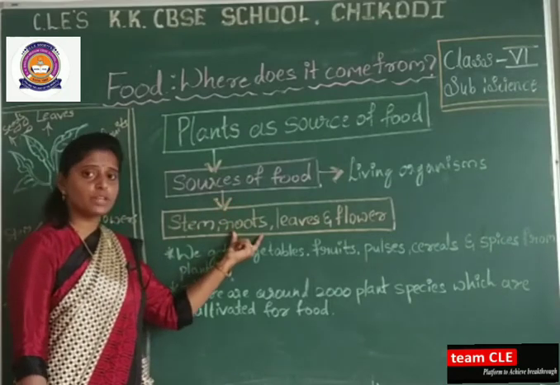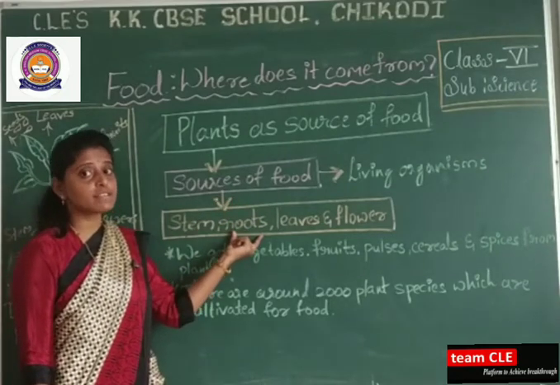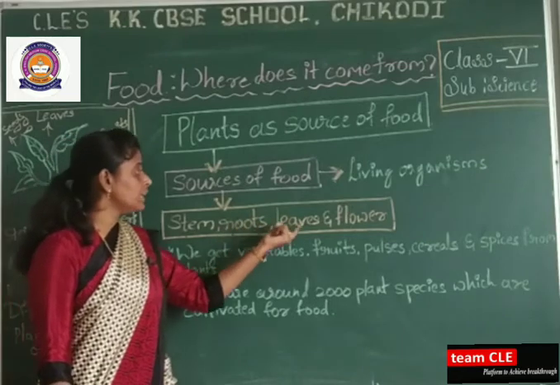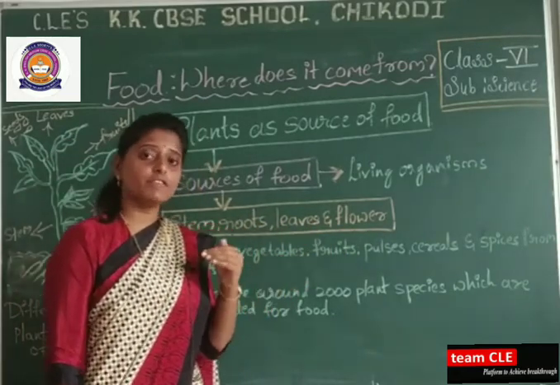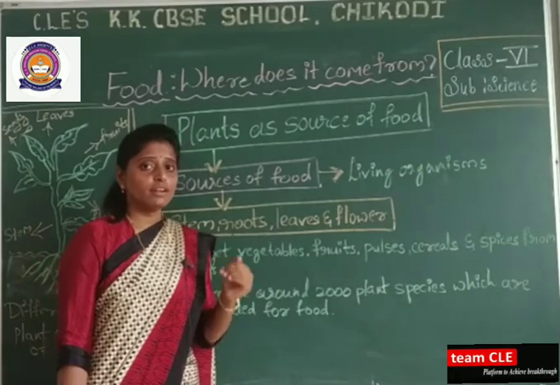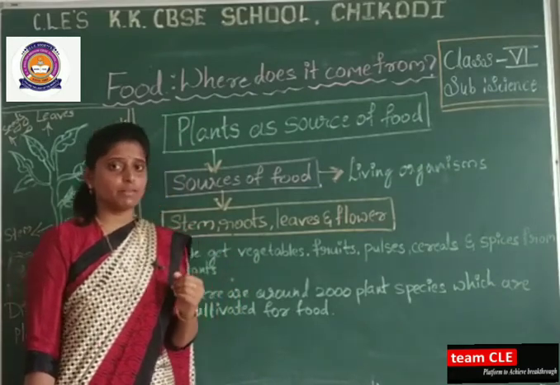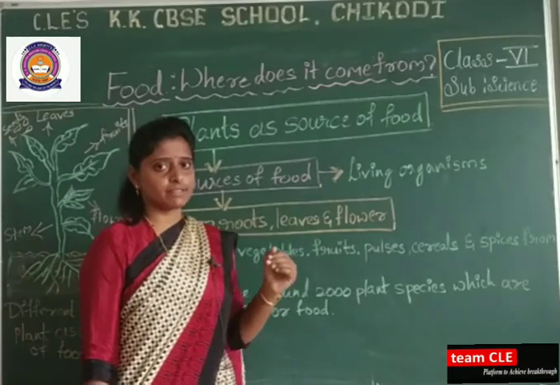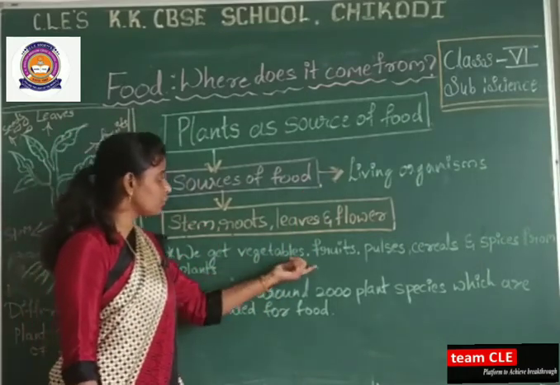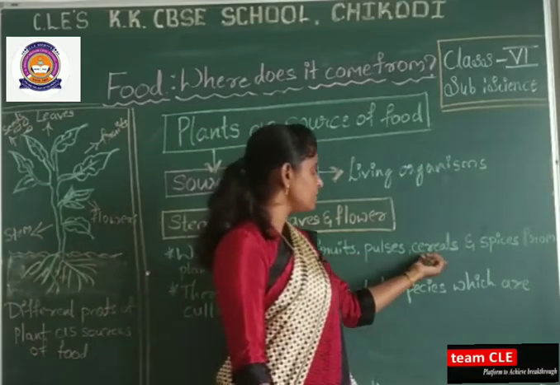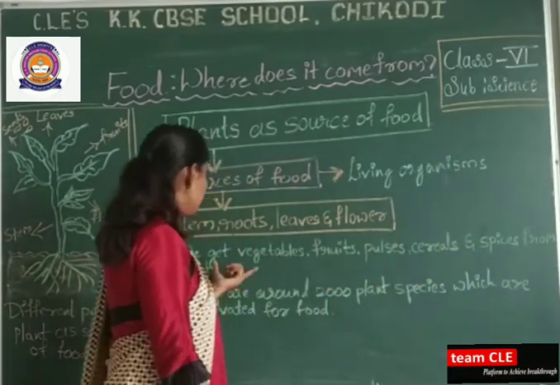Even root is a part of a plant and it is a source of food also. Leaves and flowers are parts of a plant, and they are sources of food for human beings, animals or living organisms. We get vegetables, fruits, pulses, cereals and spices from plants.